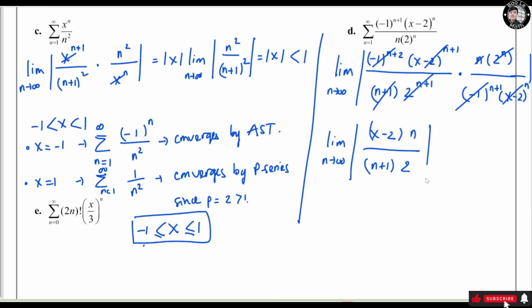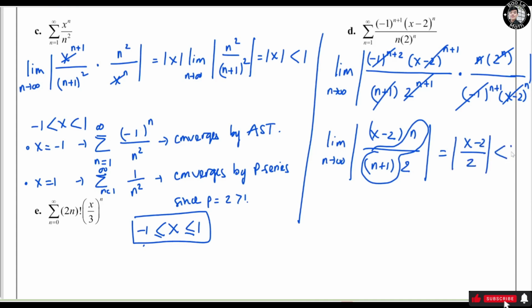Now when n approaches infinity, n over n+1 approaches 1, by relative growth rate you can eliminate the 1. So n divided by n is going to be 1, and you end up with the absolute value of (s-2)/2.